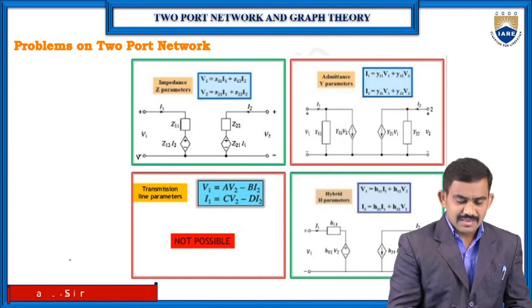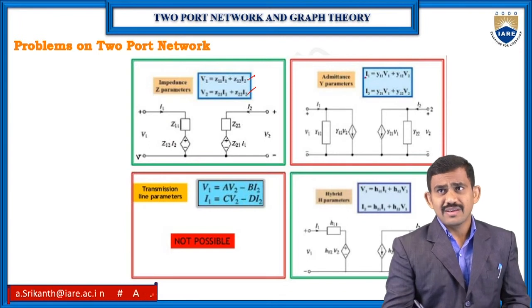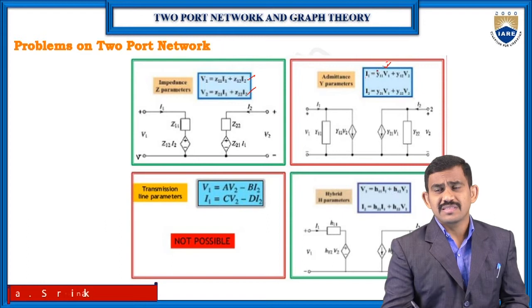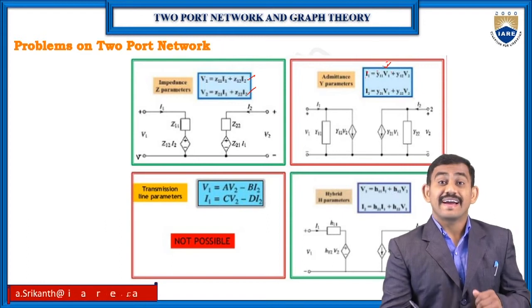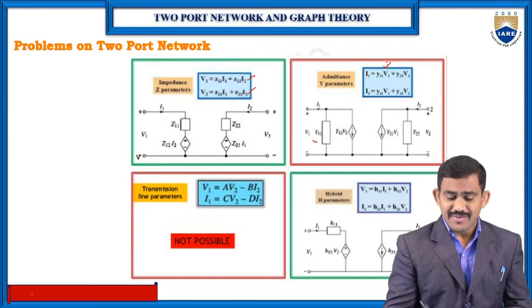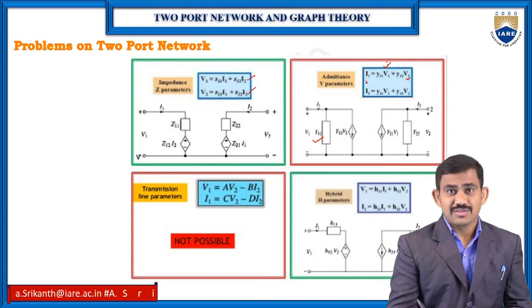Same as your Y parameters: I1 and V1, I1 by V1, so admittance value. Am I right? Not impedance, admittance. That means a parallel value. And here V2: now your current source is depending upon voltage.